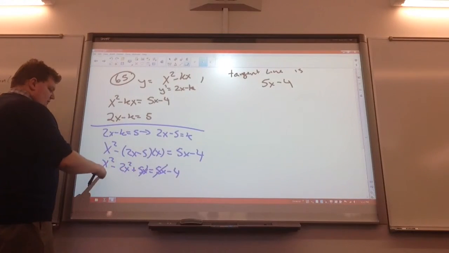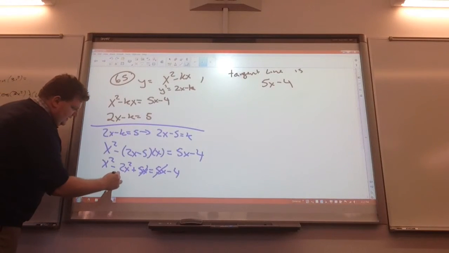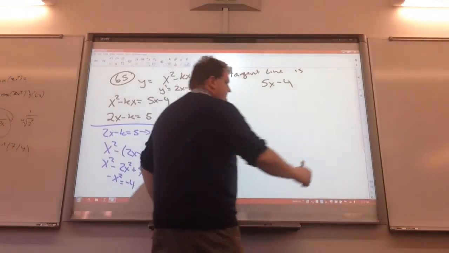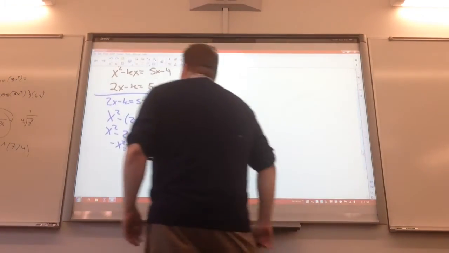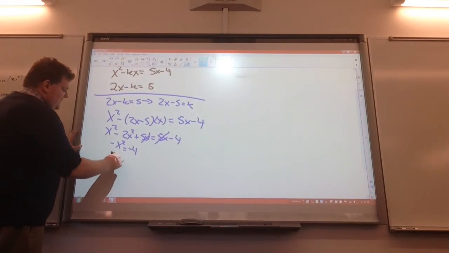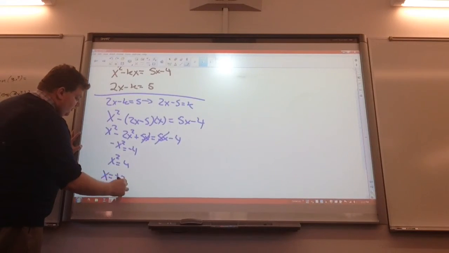Those will cancel. What does this clean up to be? Minus x squared equals minus 4. What can I drop from both sides? The negative sign. So x squared is equal to 4, so x must be equal to plus or minus 2.